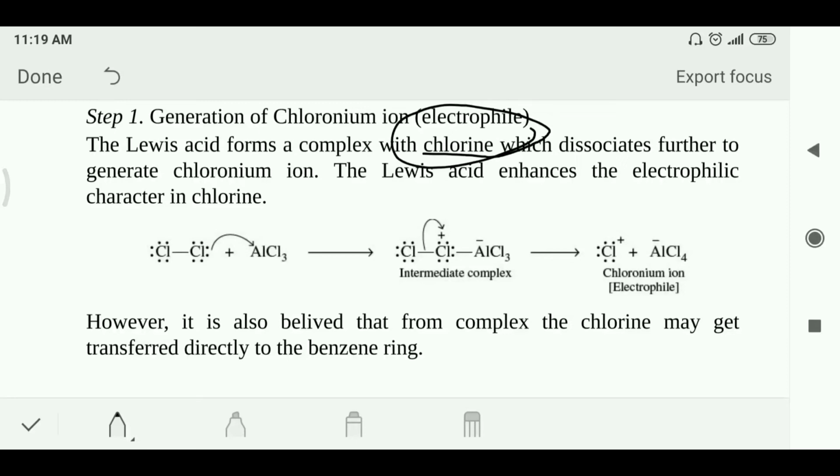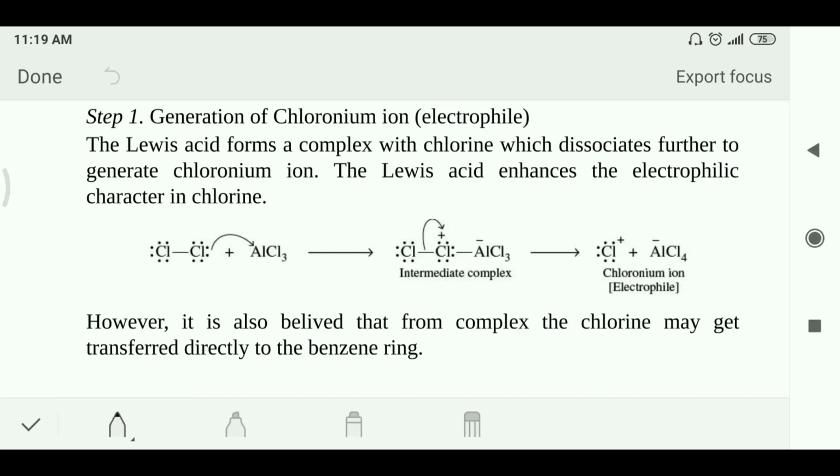It means it will attract electrons, so it has a deficiency of electrons. While we know that benzene is a pi electron rich compound, right? So benzene has more pi electrons. It is a source of electrons. So this chloronium ion is easily attracted towards the benzene ring system.